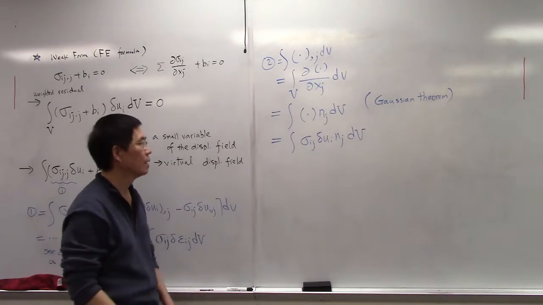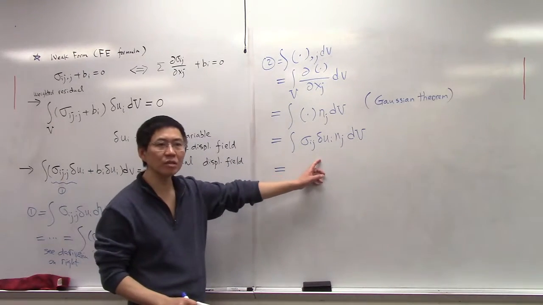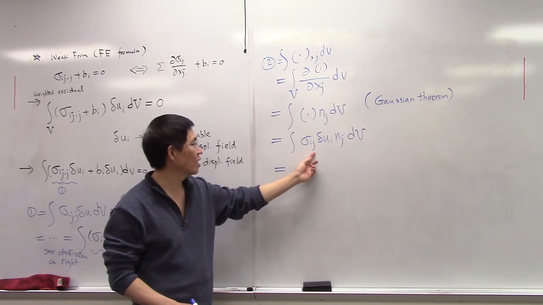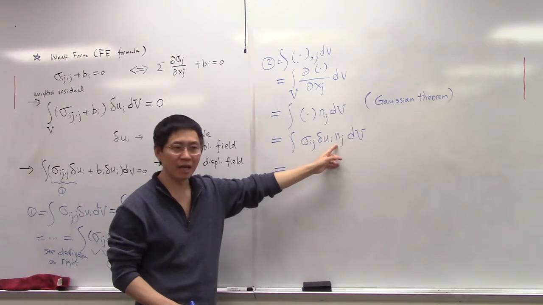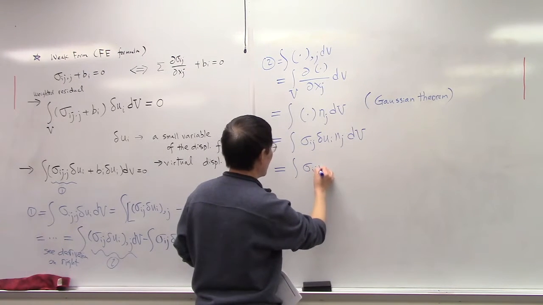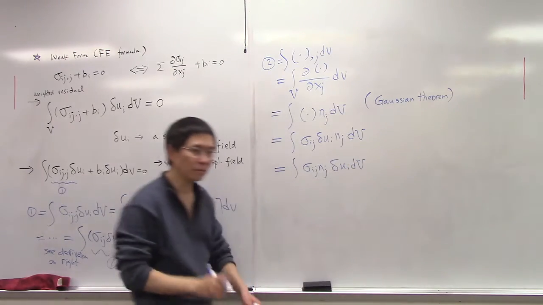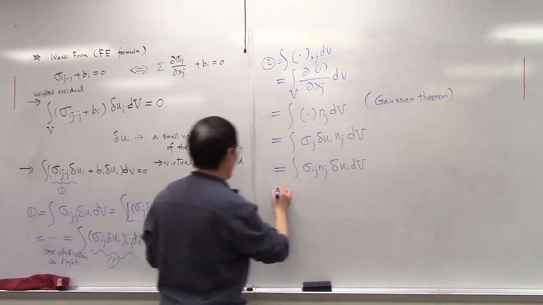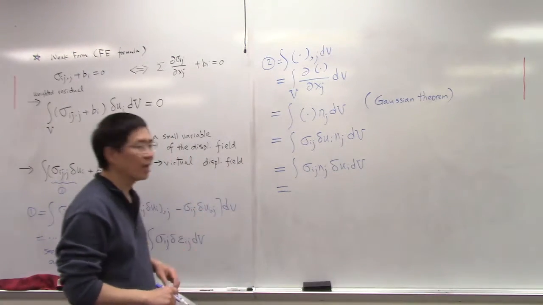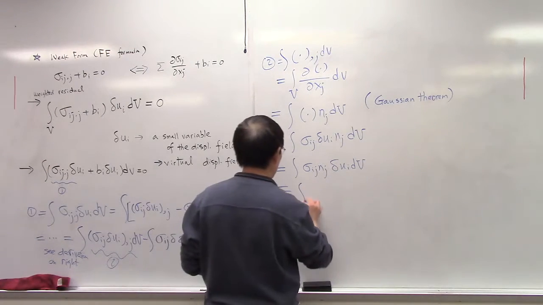We have that. And now, if you look at this expression, we can do something else. There is a sigma ij here times delta u and then times n_j. If we change the position, it will be sigma ij n_j and then delta u_i dv. Okay, what is that? Sigma ij n_j will be equal to the traction, right?